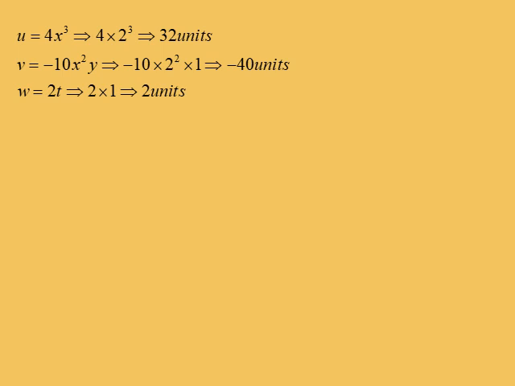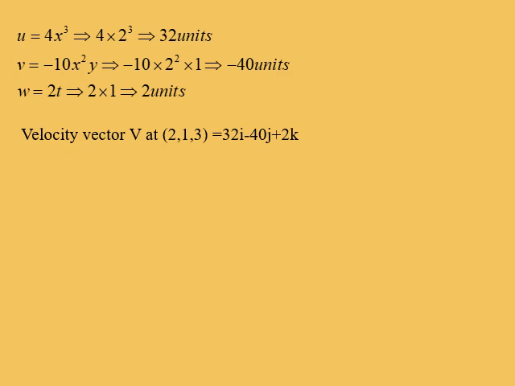Similarly, v is equal to minus 10x square y, with x equal to 2, that is 2 square, into y equal to 1, so v is minus 40 units. w is equal to 2 into t, with t equal to 1, so w is 2 units.